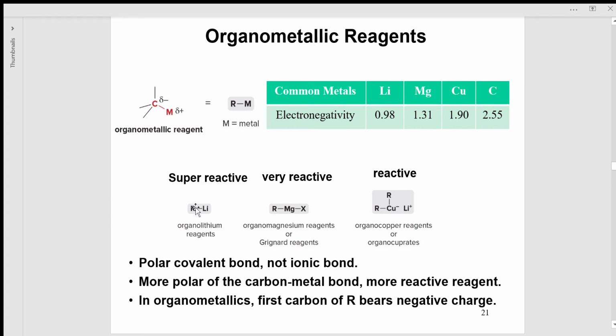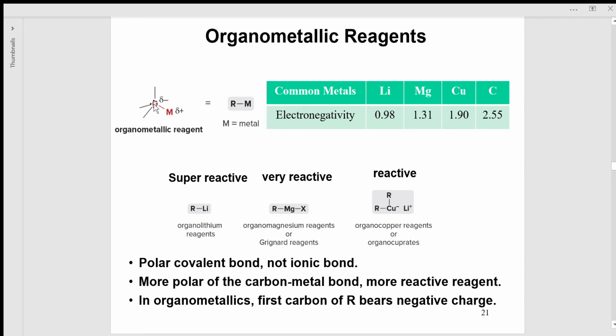So if this is the structure of the three organometallic reagents, based on the structure and their electronegativity, we can analyze the reactivity. The more negative charge the carbon bears, or the more willing the metal atom is to give its electrons to the carbon, the more reactive this negatively charged carbon is.